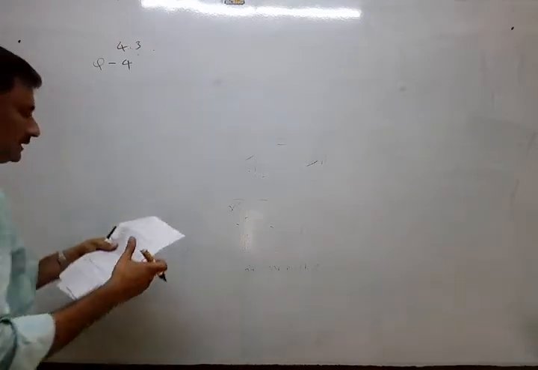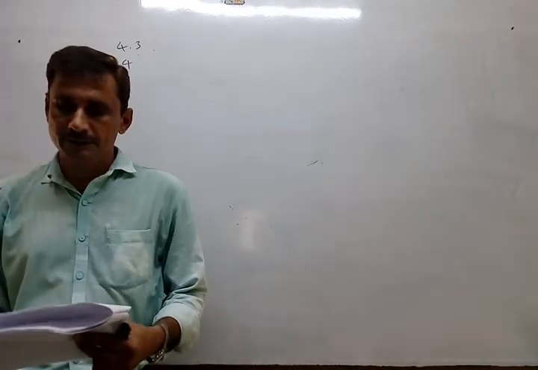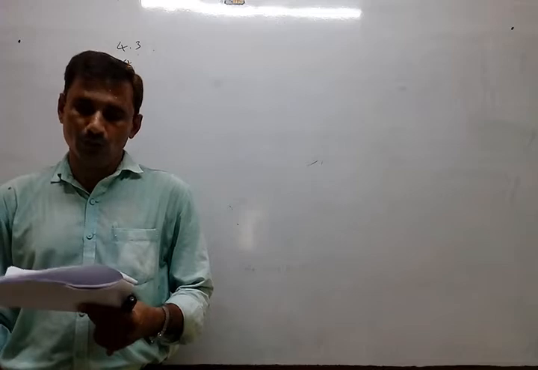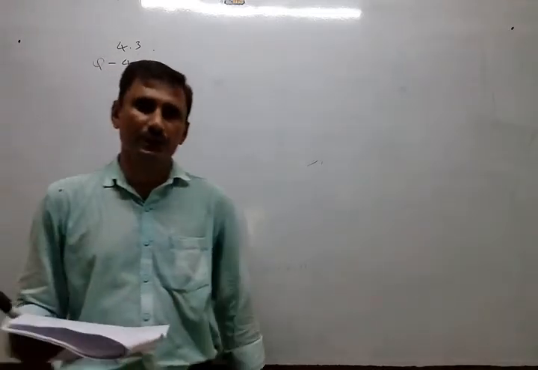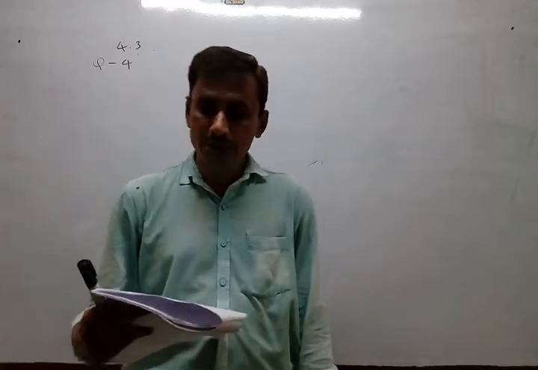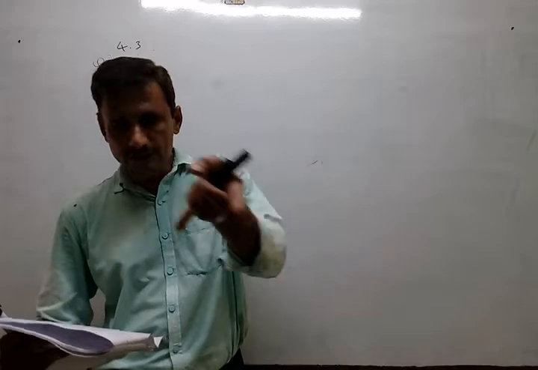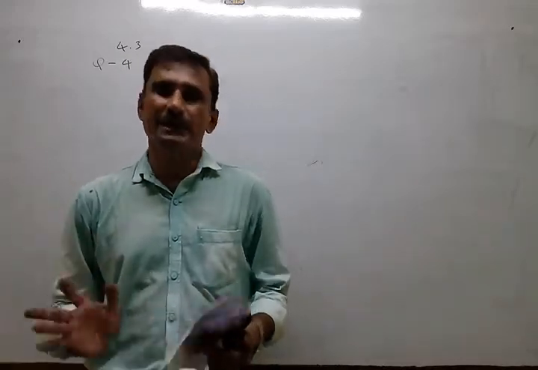Question 4. The sum of the reciprocals of Rehman's age 3 years ago and 5 years from now is 1 by 3. Again, read it carefully. The sum of the reciprocals of Rehman's age 3 years ago and 5 years from now, meaning 5 years later, is 1 by 3. Find the present age.